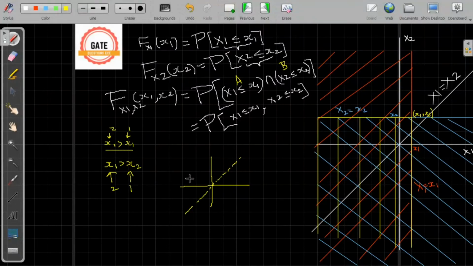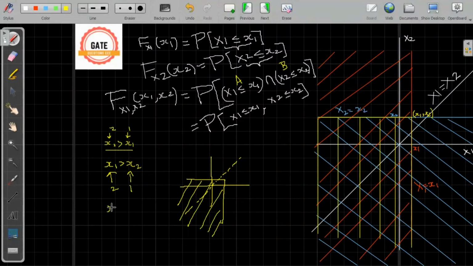In that case, the region of our interest will look like this. So this will be the region of the joint CDF that I am talking about, because here x1 will be 2 and x2 will be 1. So the corner will lie below this line.